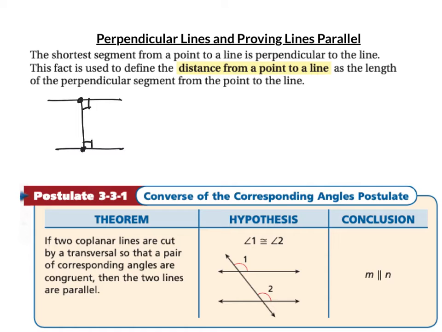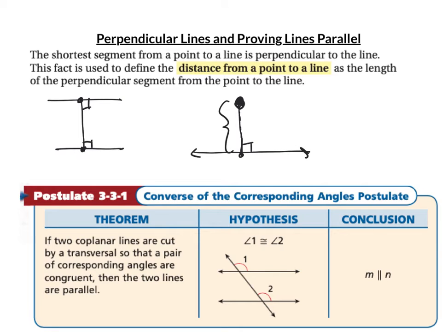So we always measure distance, the shortest distance, and that's what we're looking for, along a perpendicular. If I have a point and a line, and I want to measure the distance from the point to the line, then I always will draw a perpendicular to the line. And this distance right here would be the distance from the point to the line along a perpendicular.